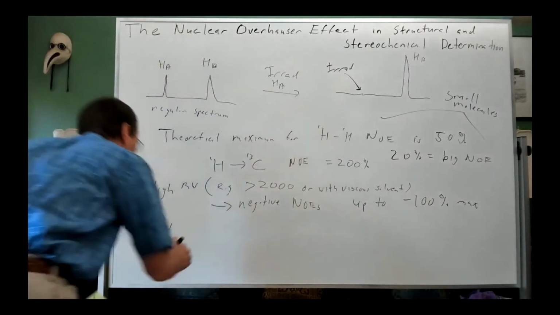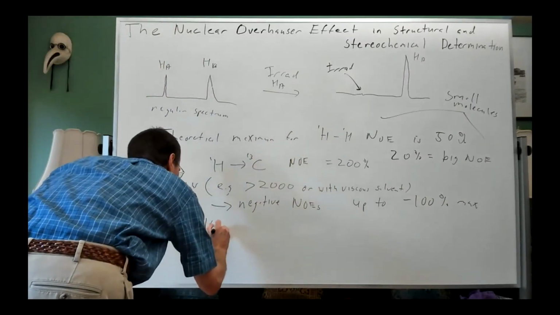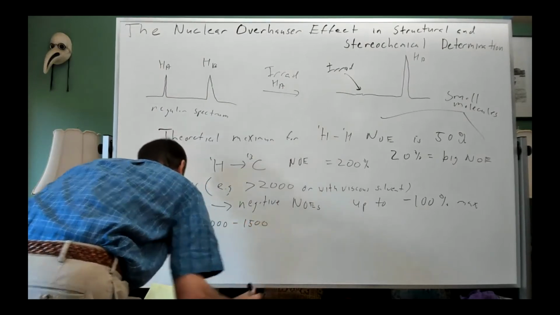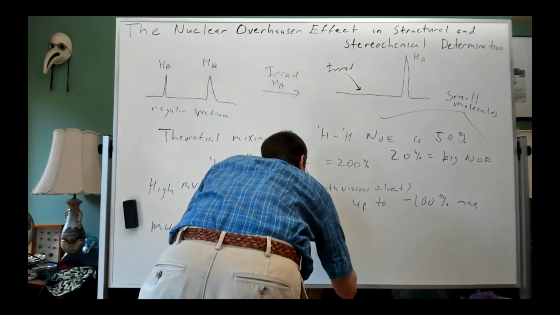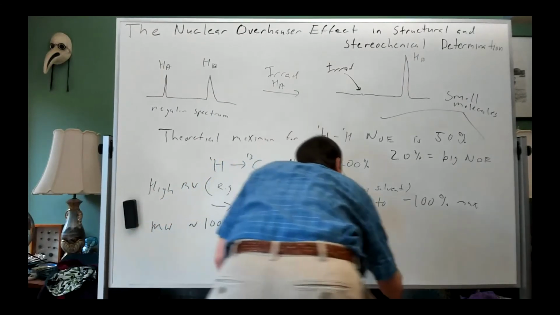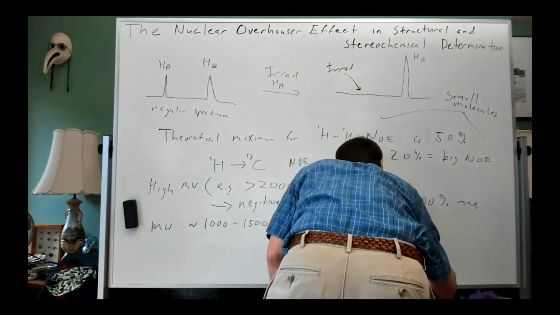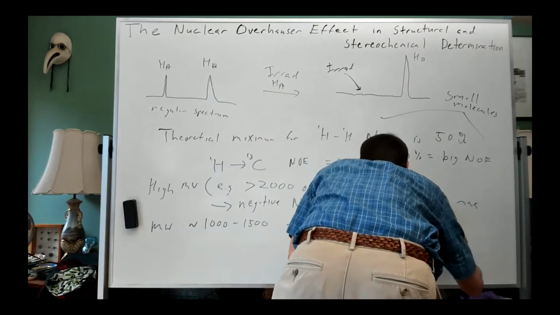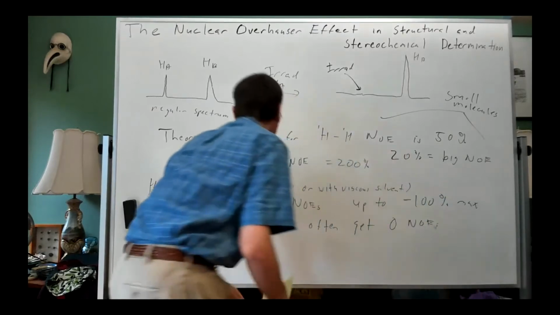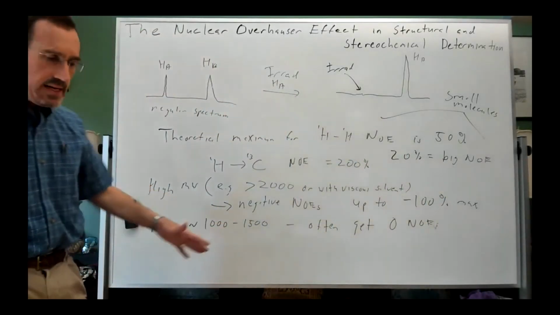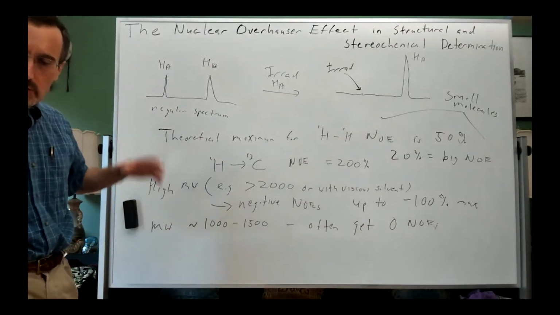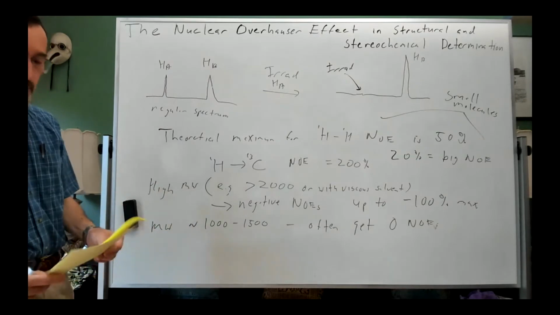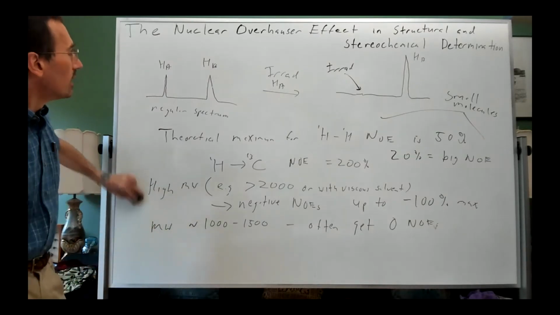But a good rule of thumb is that for a molecular weight on the order of 1,000 to 1,500, you'll often get 0 NOE, or thereabouts. And this is a problem. There's a technique called rotating-frame Overhauser effect, or ROE, that allows one to overcome this, and we'll talk more about this in a little bit.